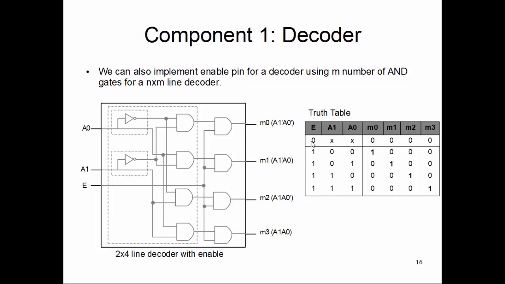It is implemented very easily. Take a usual 2 by 4 line decoder, add another 4 AND gates, and at this last stage of the logic, these 4 AND gates, one of the inputs is E. So if E is 0, then the outputs of all these last stage AND gates will be all zeros, right?